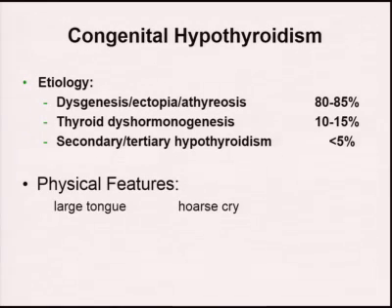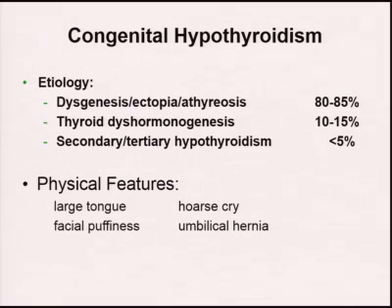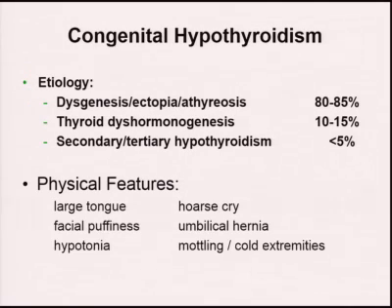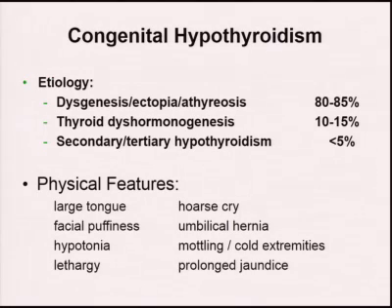But classically, and this occurs more in areas and in eras where, say, there was endemic iodine deficiency, the baby might have a large tongue and hoarse cry, look puffy, have an umbilical hernia, have low tone and be a poor feeder, just be lethargic and need to be woken to feed, and have large fontanelles, especially a posterior fontanelle. Now, that's not to say that some babies, even in Cleveland today, might not have some of these features, but that kind of classic baby with all of them is truly an exception.